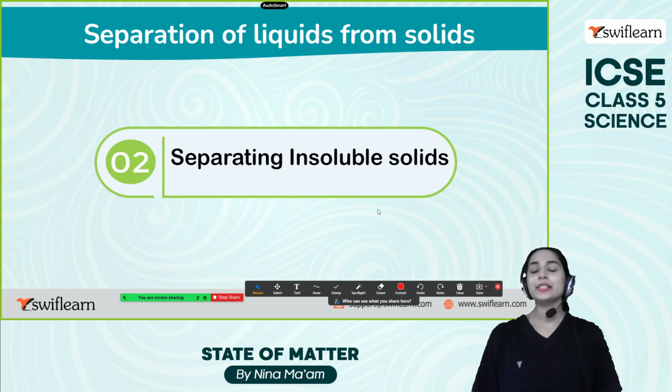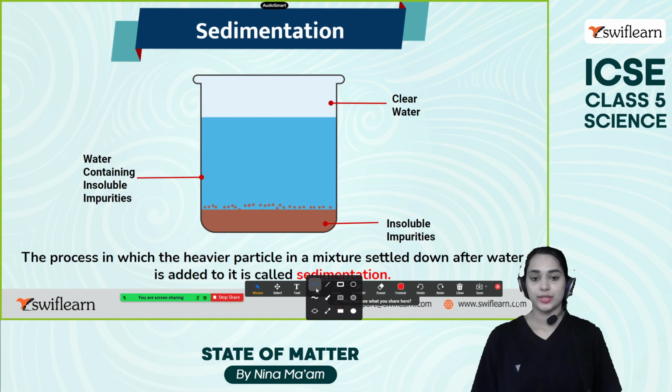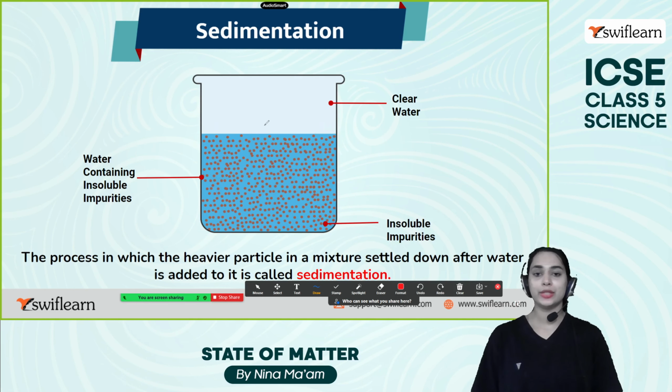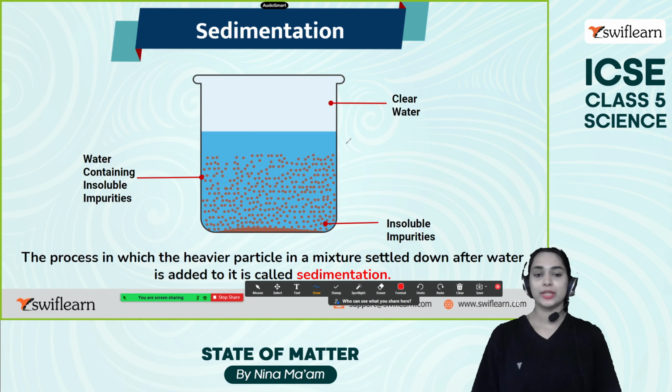Now, let's learn about separation of liquids from solids, that is separating insoluble solids. So, sedimentation. You can see a container with water and you can see some of the insoluble impurities. And the water is clear, right?